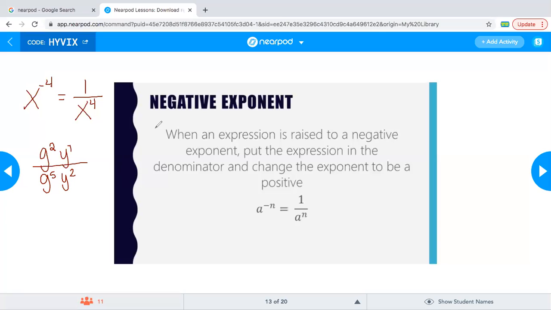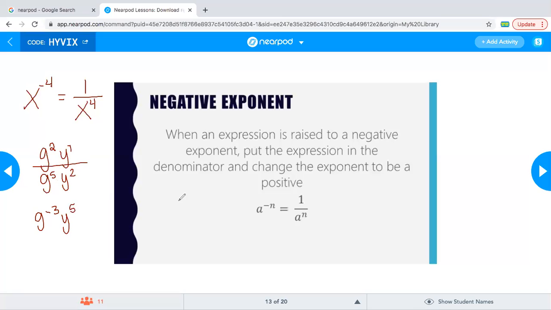I'm combining two things now: the division rule and the negative exponent rule. These are dividing, so what does the rule say about their exponents? Subtract them. So g to the power 2 over g to the power 5 turns into g to the power -3. Y to the power 7 over y to the power 2 is y to the power 5.